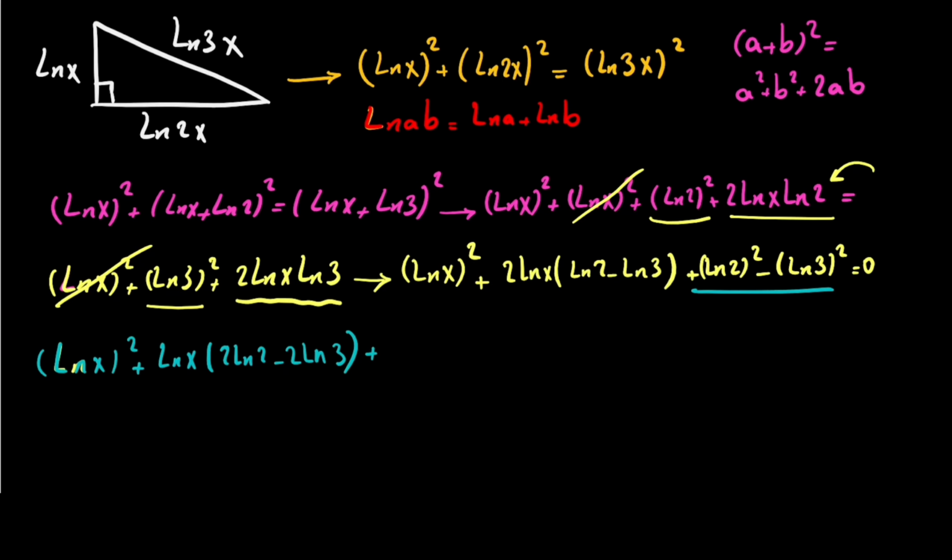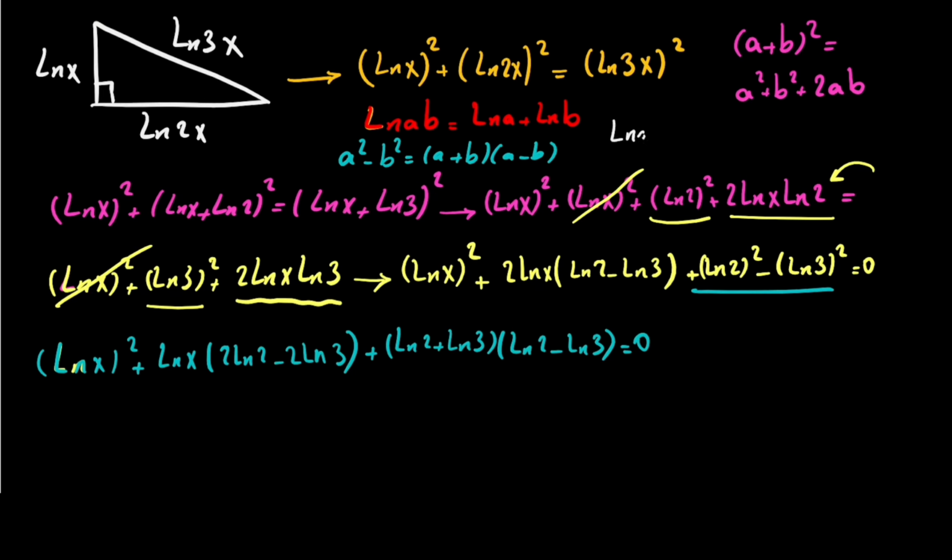For example, if you have a² minus b², you can write it as (a plus b) times (a minus b). So here we can write (ln 2 plus ln 3) times (ln 2 minus ln 3). That's better, right? And if, for example, you have ln a minus ln b, of course you know that you can write it as ln of a divided by b, and the base is e.